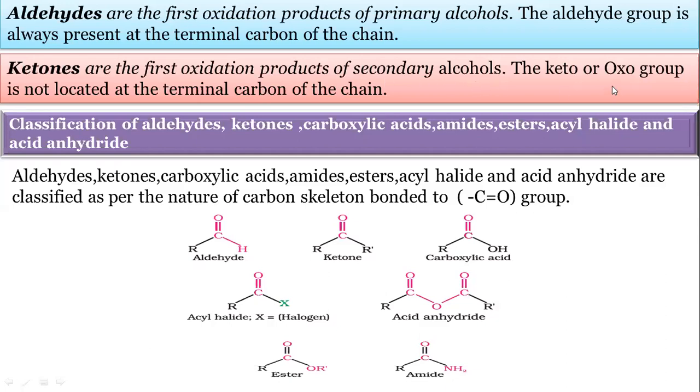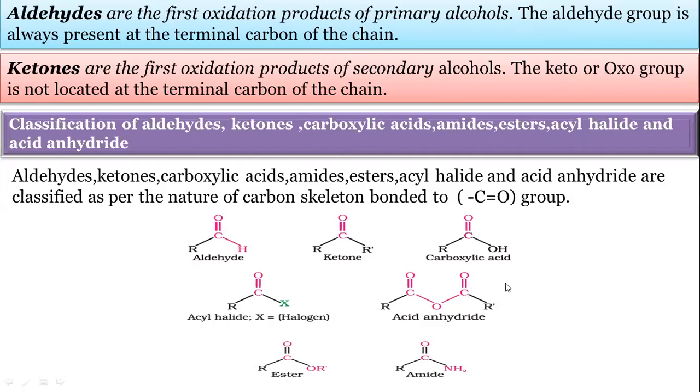The carbonyl group in ketones is also called the keto or oxo group, remember. The keto or oxo group is not located at the terminal carbon; it may be in between. But remember one thing: in aldehydes, the aldehydic group, the CHO group, is always situated at the terminal carbon, that is, the last carbon or first carbon.